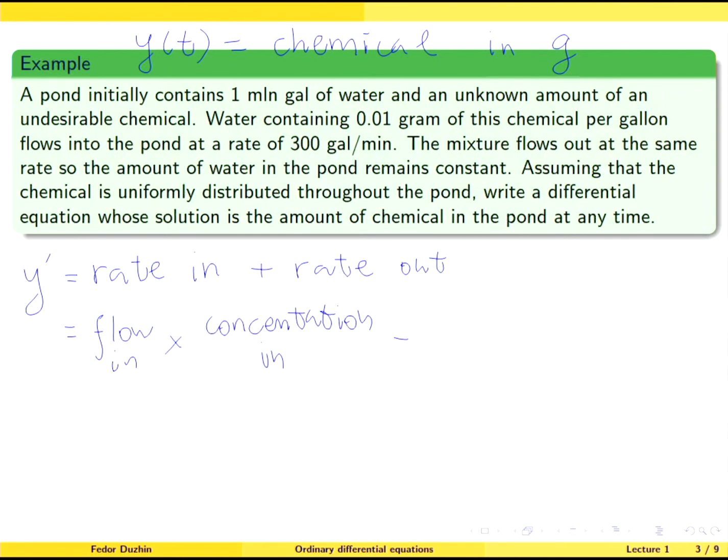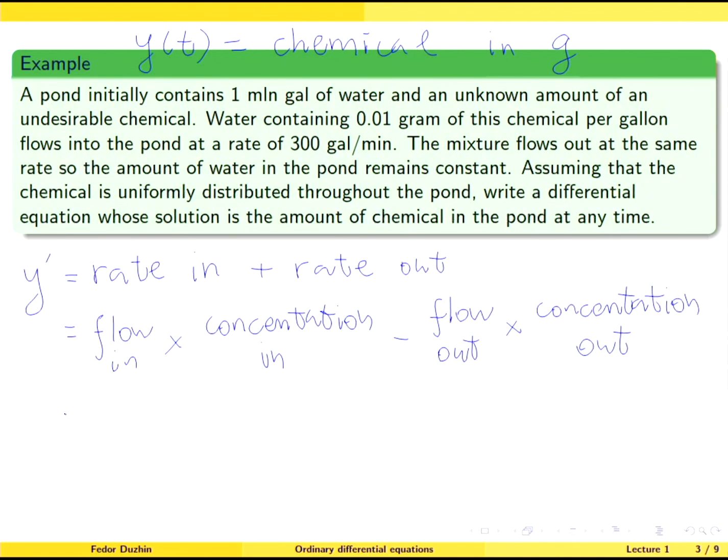Well, because rate in means the amount is increasing, and the rate out means the amount is decreasing. And so I will write the flow out, whatever flow is, times the concentration of our chemical in the flow out. Concentration out. Okay.